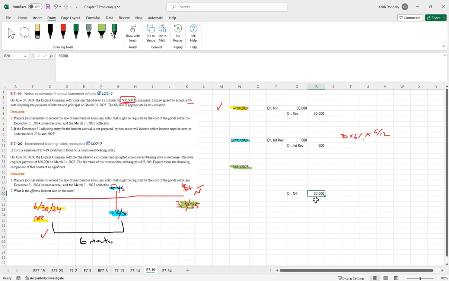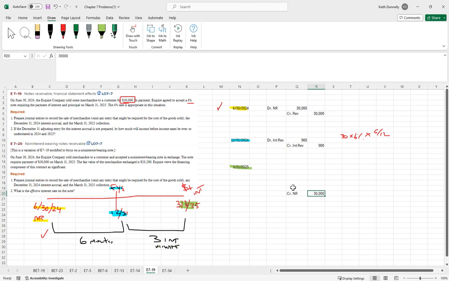The next thing we have to consider in this formulation is that there are 3 more months, from 12 to 3, of interest that we got to accrue for. 3 more months.